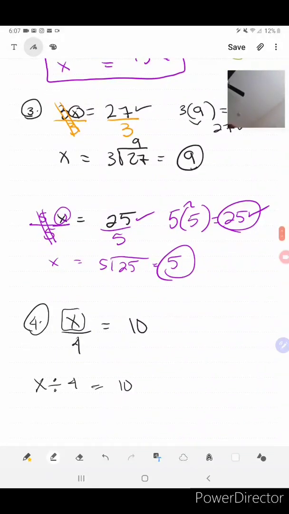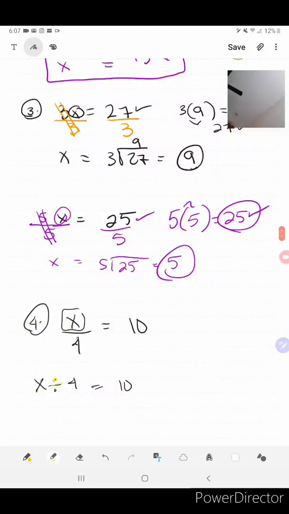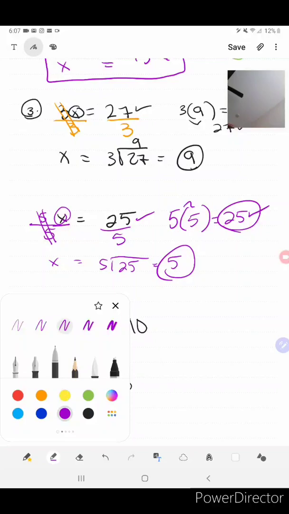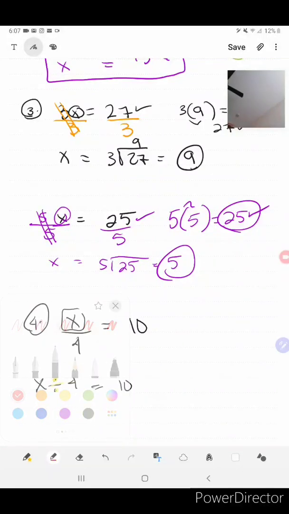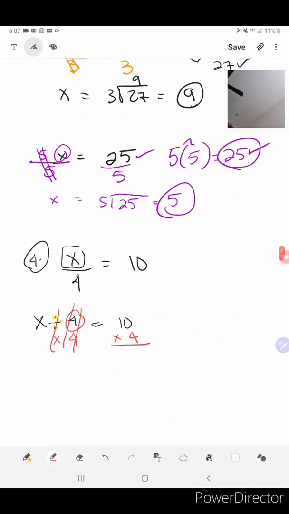So what's the opposite of division? In this case it is multiplication. So you're going to take that 4 and multiply it on the other side. This cancels. Now x is all by itself, and 10 times 4 is 40.